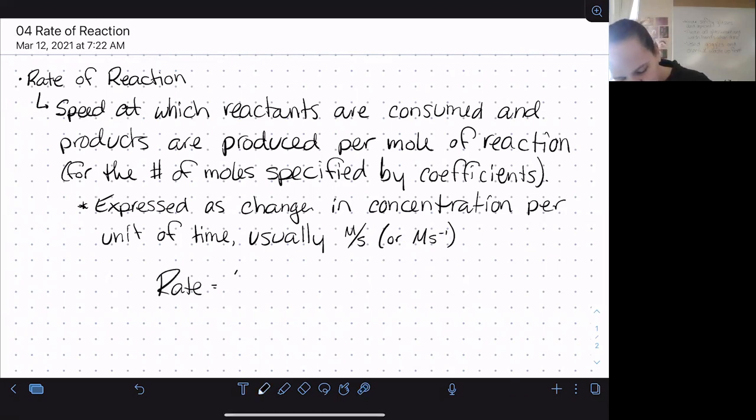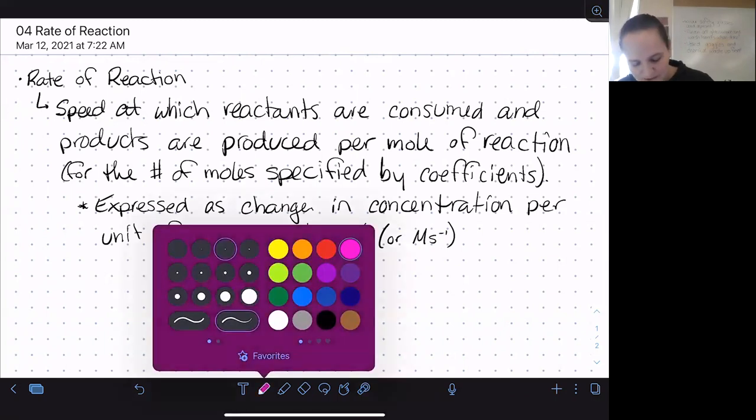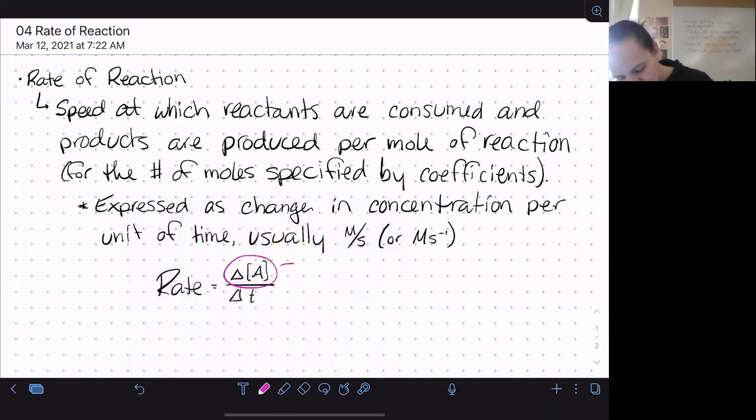So mathematically speaking, the rate of a chemical reaction is often described generically, something like this. So you've seen the delta, the little triangle before, means change. So on the top here, we've got the change in concentration. Remember, the square brackets always mean molarity.